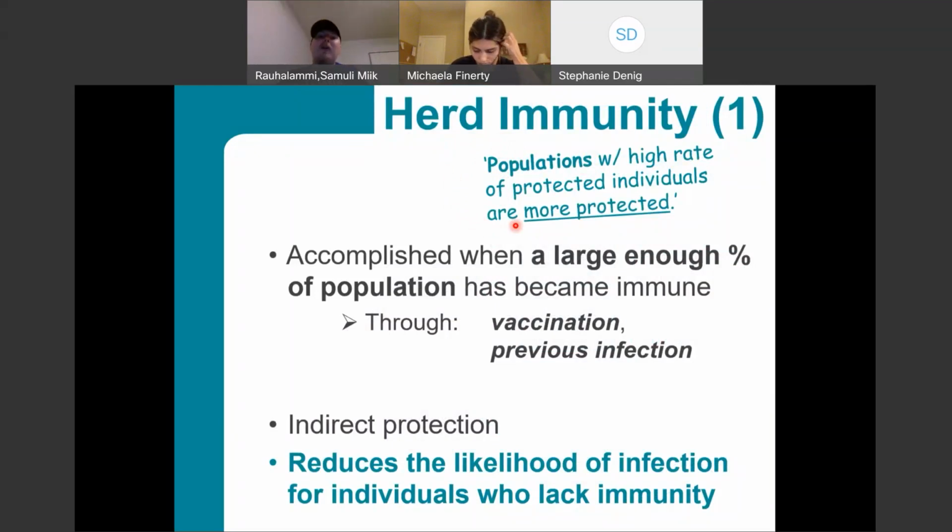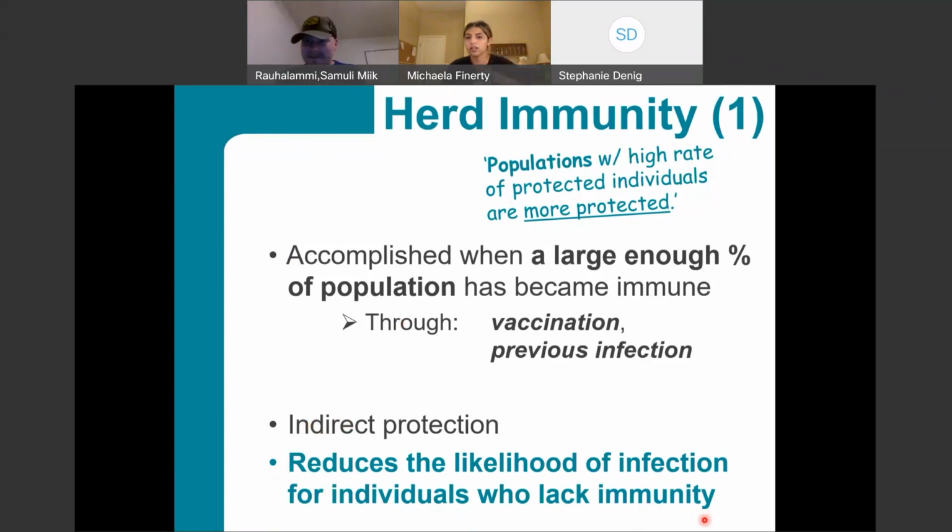So really the goal is to accomplish that enough of that population is either vaccinated or has had a previous encounter with that infection, so that when enough people are healthy, few sick people here and there are not going to get the rest of the population sick. So it is a form of indirect protection. It reduces the likelihood of infection of those individuals who do not have immunity.